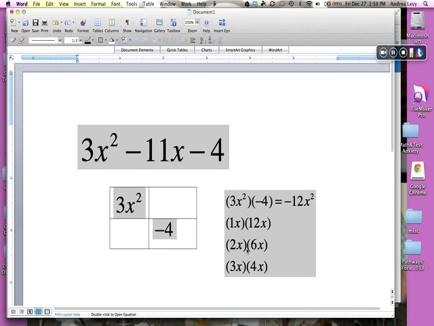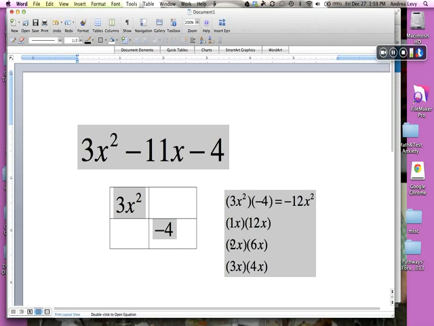And you'll notice that I am not dealing with the negative sign yet. I'm just looking at the combinations of the 12. So I know that 1x times 12x, 2x times 6x, and 3x times 4x all give me 12x squared. And I know that in order to get a negative 12, one of these factors needs to be negative.